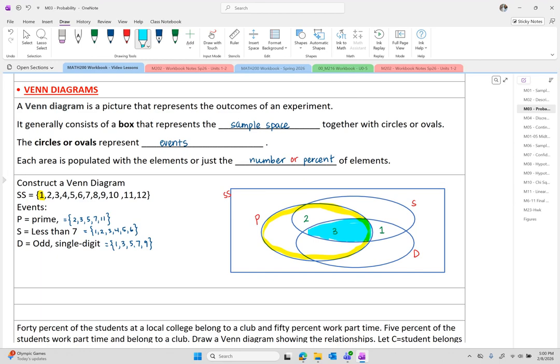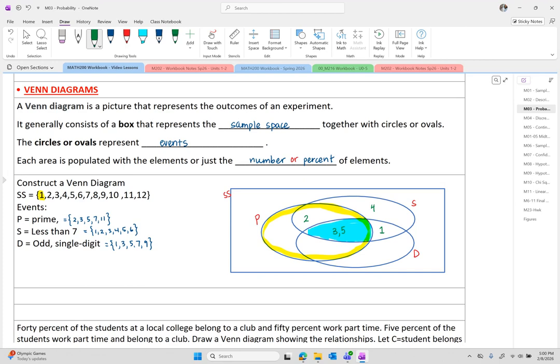The next element is 4. 4 is a number less than 7, but not prime or odd. So it has to be inside the S bubble, but outside the other 2 bubbles, so 4 will go here. 5 is a prime, is less than 7, and it is an odd single digit, so it's in all 3 categories.